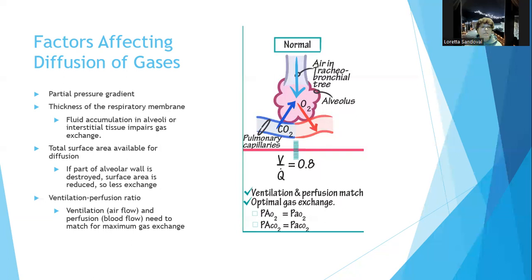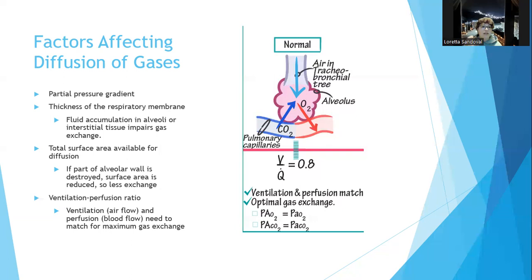The ventilation perfusion ratio affects diffusion of gases. So ventilation is airflow and perfusion is blood flow. So they need to match in order to get gas exchange. So this little formula, you don't need to know that. There it is, but you don't need to know it.